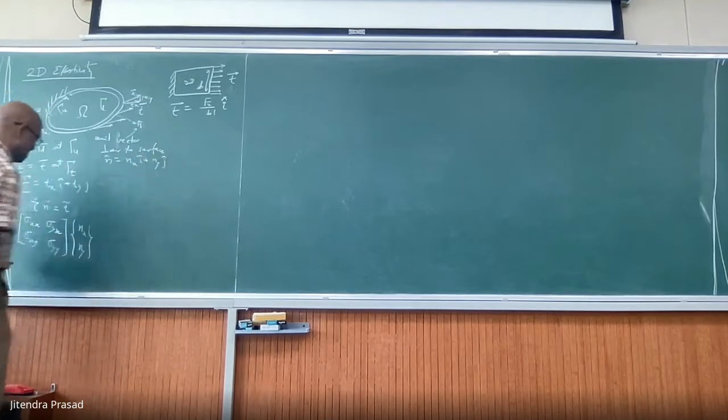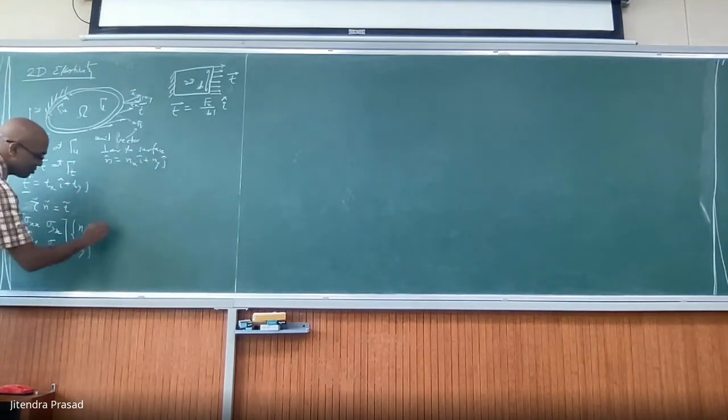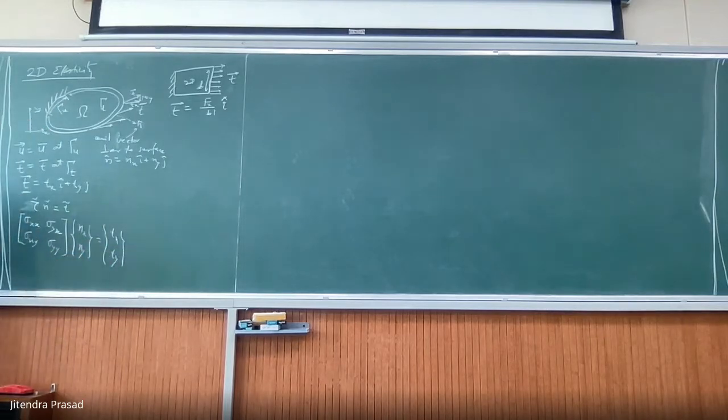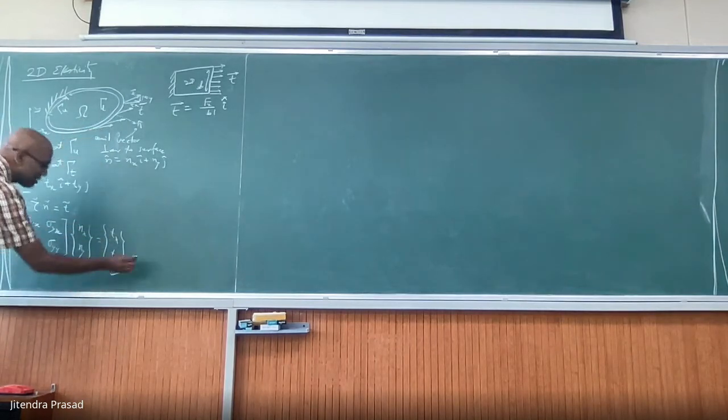All those things we did yesterday. So this is how T_x and T_y are related, and this is given, and it relates to the internal state of stress. This is how the stress tensor and the normal to the surface are related to the traction at the surface. This one is given basically.